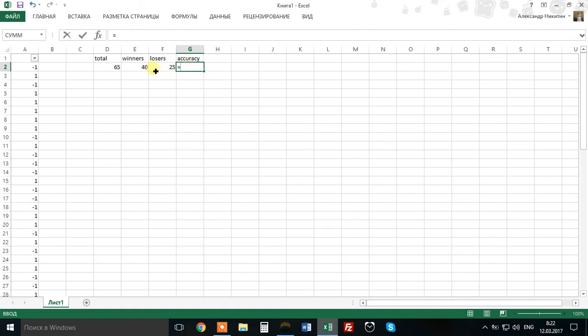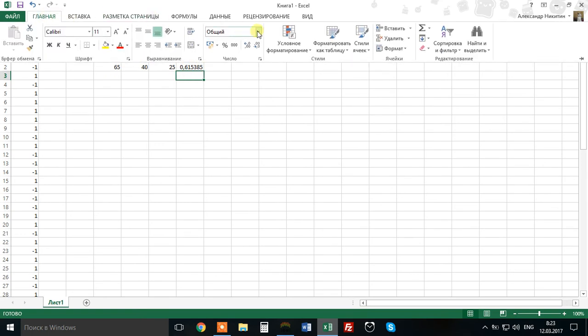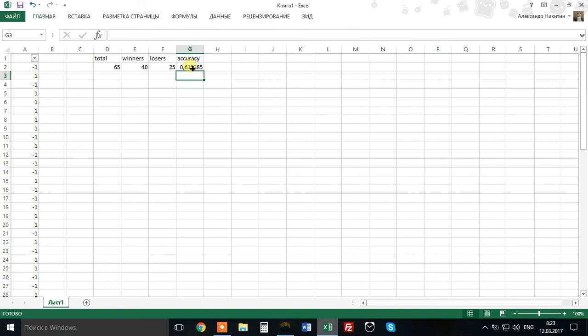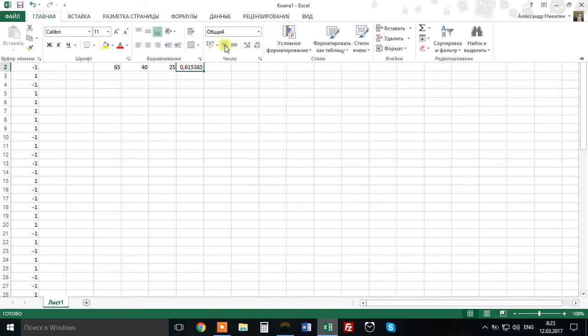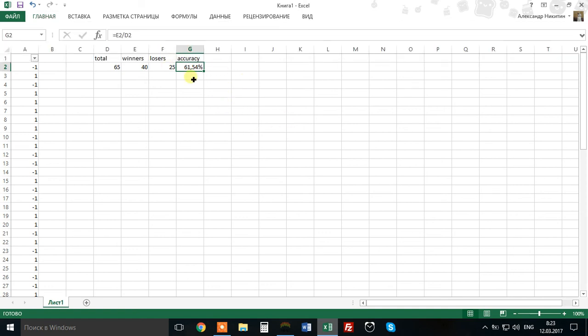So we have this, let's divide them, and the accuracy is 61% of a bet pattern to hit. Let me show you percentage. 61.54. So this is the accuracy for large bet patterns.